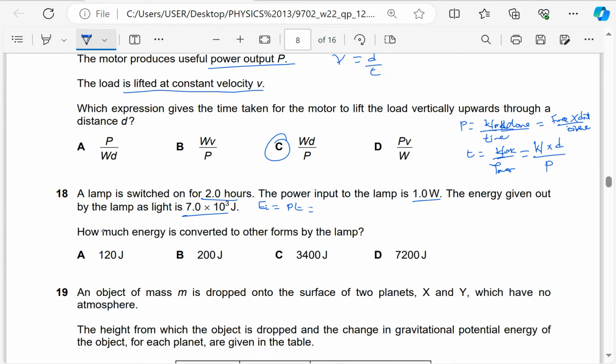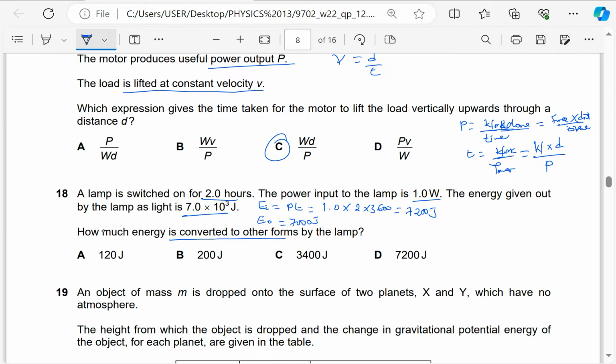So the power is 1.0. The time is 2 times 3,600. I just multiply this by 2 and I get 7,200 joules. That is the energy input. But the energy output is 7 times 10 to the power of 3, which is 7,000 joules. How much energy is converted to other forms?